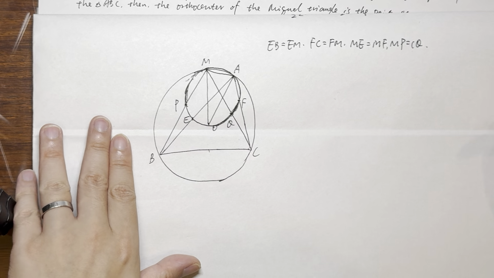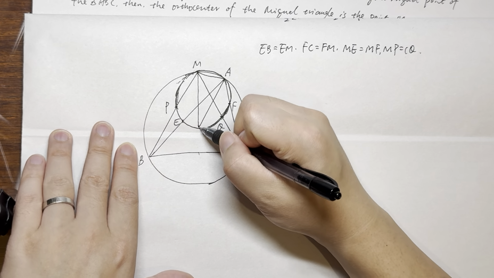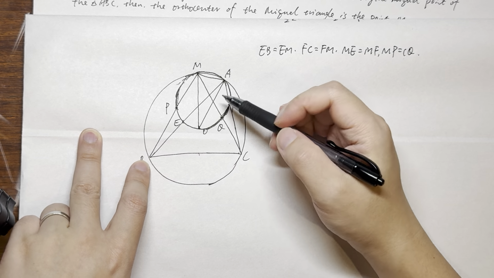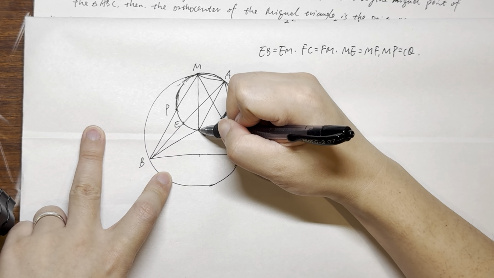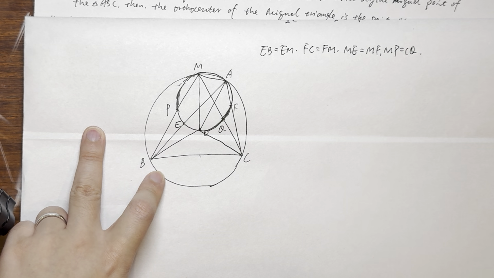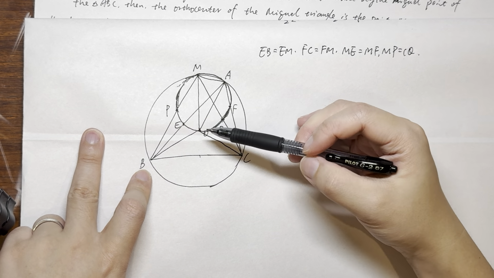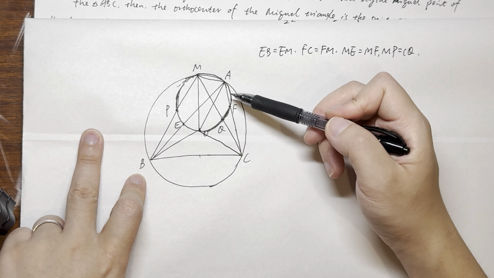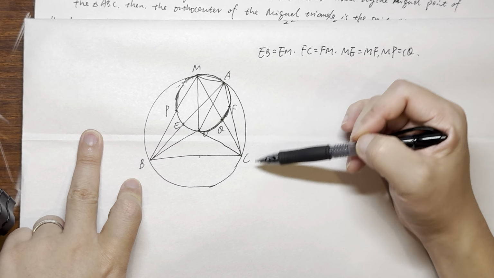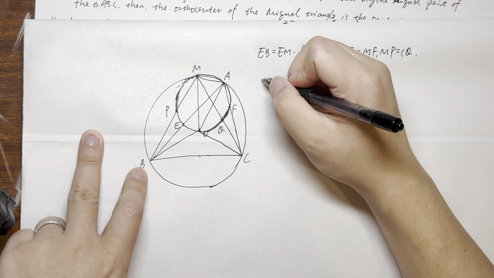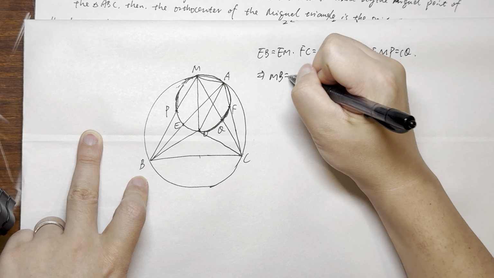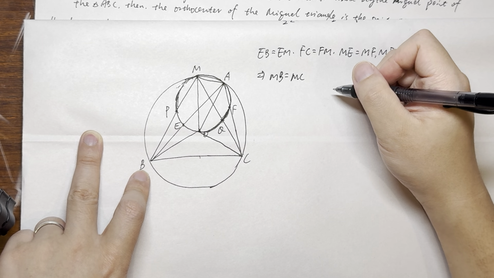Let's look at the figure. This is the circumcenter O, so we know that AO equals BO and equals OC, right? What we have here is that M is a midpoint of arc BAC, which means MB equals MC, right?